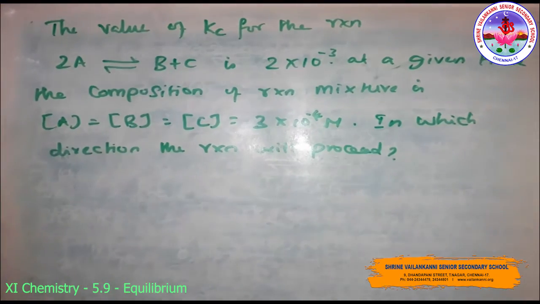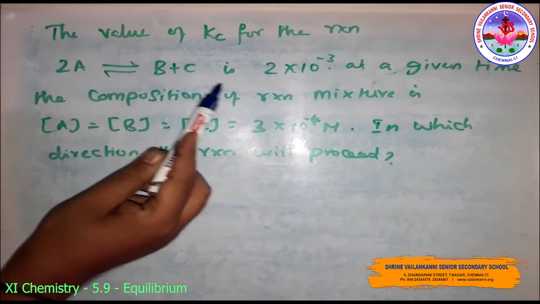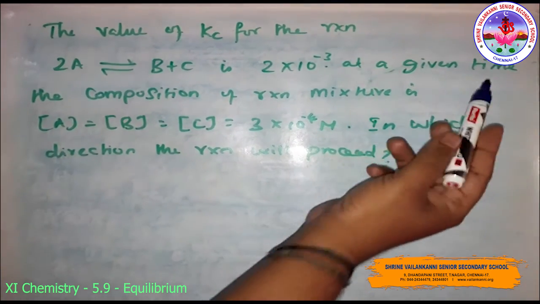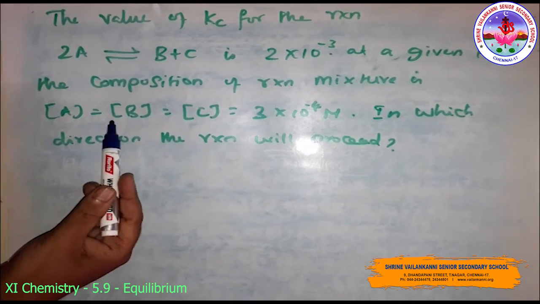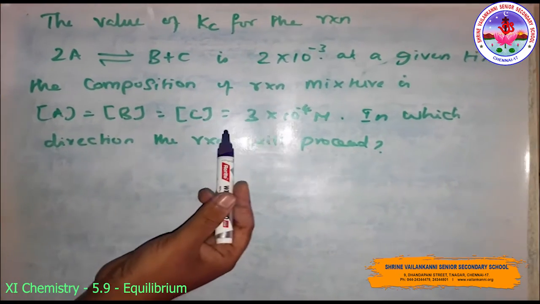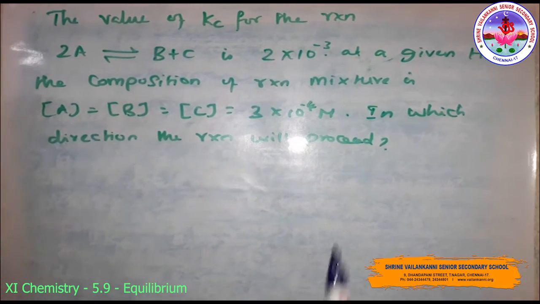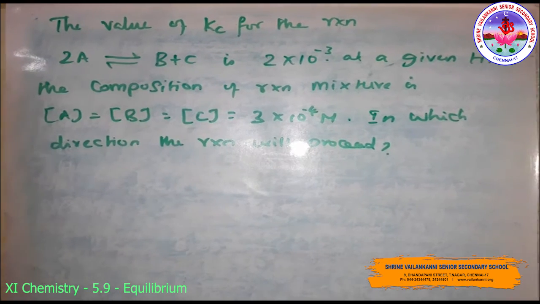Look at this problem. The value of Kc for the reaction 2A gives B plus C is 2 into 10 power minus 3. At a given time, the composition of the reaction mixture is: concentration of A is equal to concentration of B is equal to concentration of C is equal to 3 into 10 power minus 4 molar. In which direction will the reaction proceed?